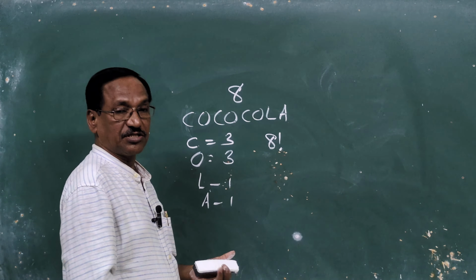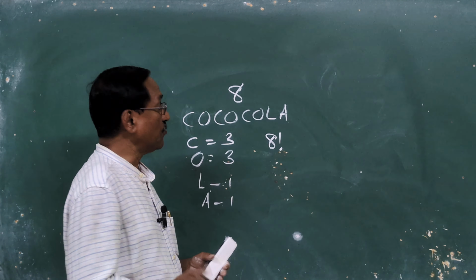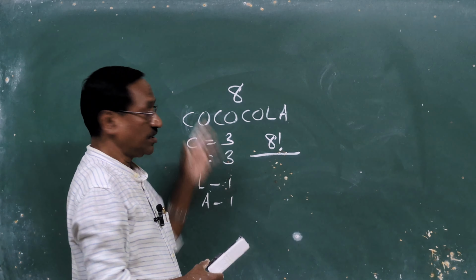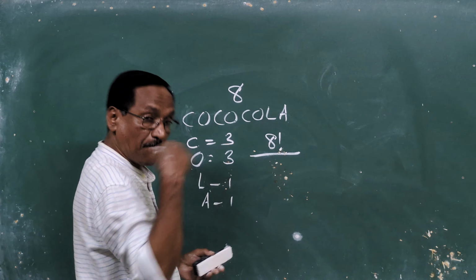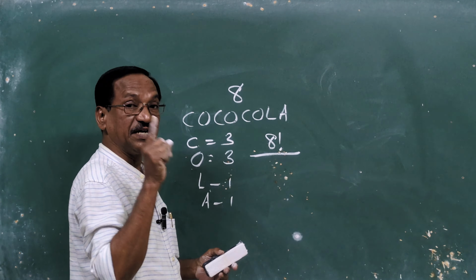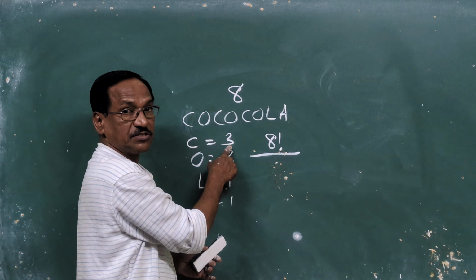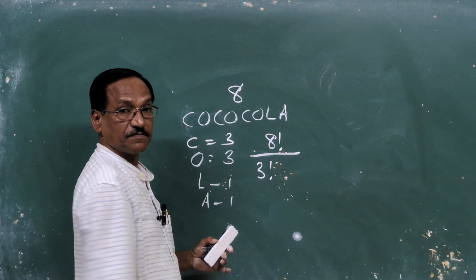Here, to get the exact number of different arrangements, we have to divide this 8 factorial. 8 means number of letters. Divide the 8 factorial by the factorial of each repetition. Here C is repeated 3 times, so you divide this 8 factorial by 3 factorial.